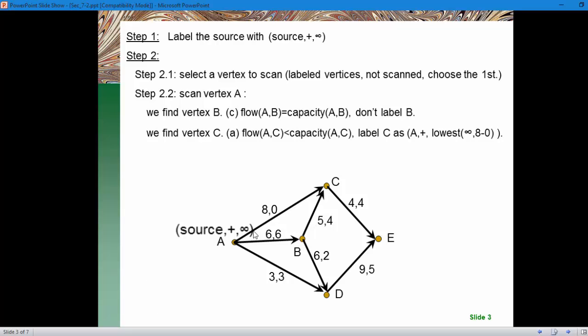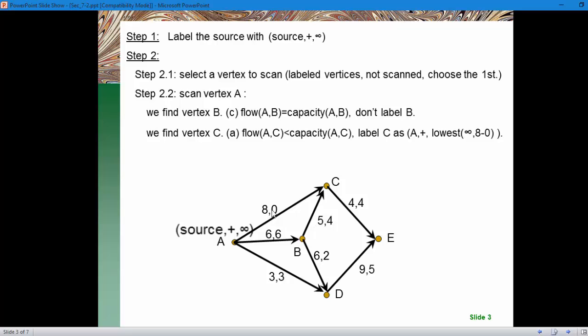Now here is another possibility. Here the capacity is 8 and the flow is 0. So the flow is less than the capacity. In that case, we should be able to increase the flow along this arc. Now, how much flow can we bring from A to C? Well, the capacity here is 8.